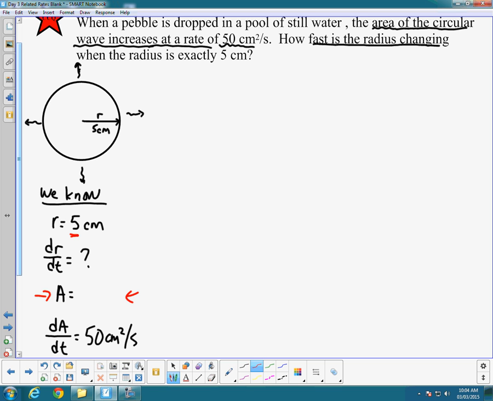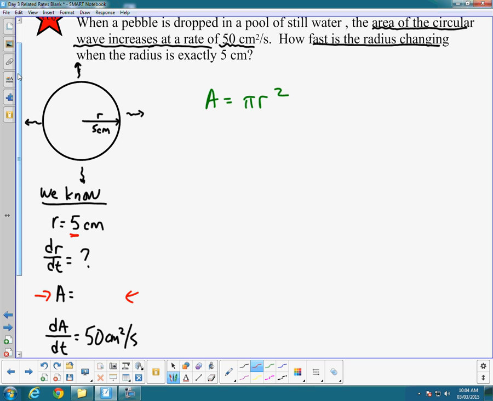Okay, so to do this now, what I have to do is somehow find a formula that has all of these variables in it. Not the derivative parts, just the A and the r. And when I think about it in this case, I know a formula that does that. It's A equals pi r squared.